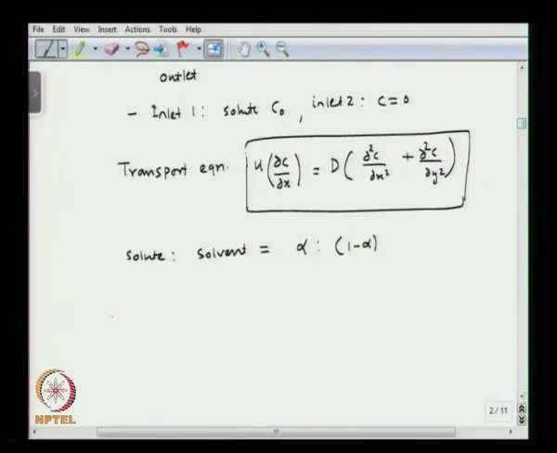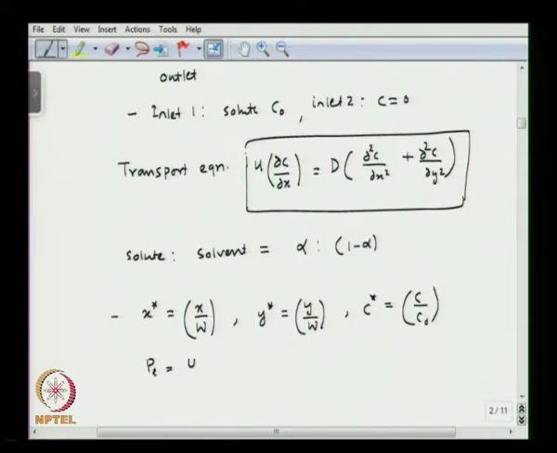So we can define non dimensional parameters. X star is x over W, y star as y over W, C star is C over C0, and we define Peclet number as U W over D.